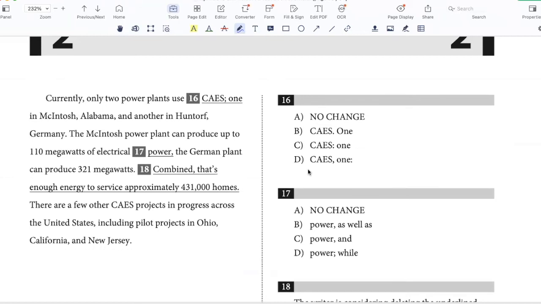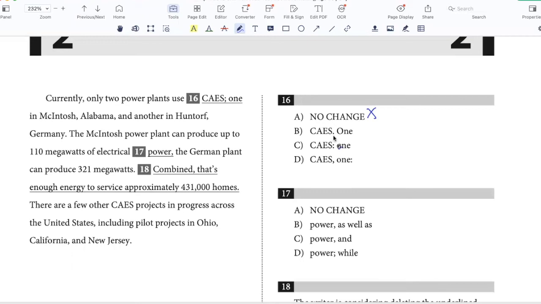Currently, only 2 power plants use CAES, one in McIntosh, Alabama, and the other in Huntorf, Germany. Okay, so here I have to decide the correct punctuation. So the way it's written is not correct, because if I have a semicolon, then both sides of the semicolon should be independent sentences and the second is not. So this is wrong.